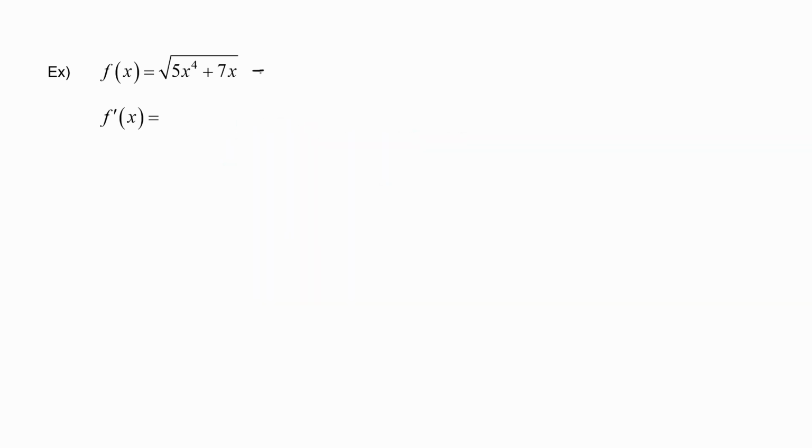First, we need to rewrite f of x as the quantity 5x to the 4th plus 7x raised up to the 1/2 power. Now we can apply the power rule, and because we have a composite function, we know that we will have to use the chain rule.